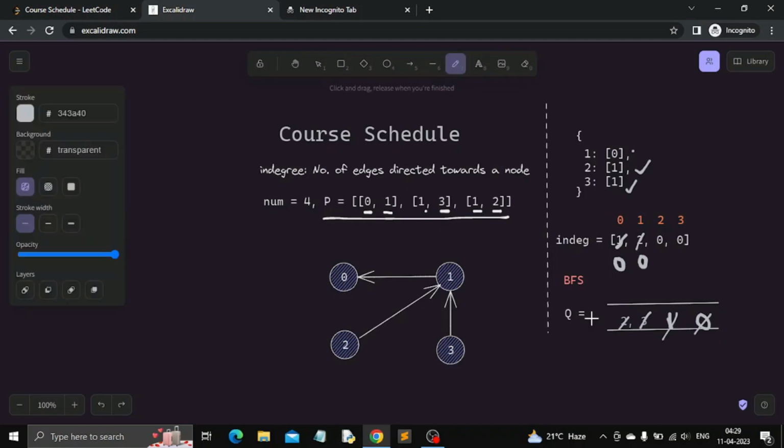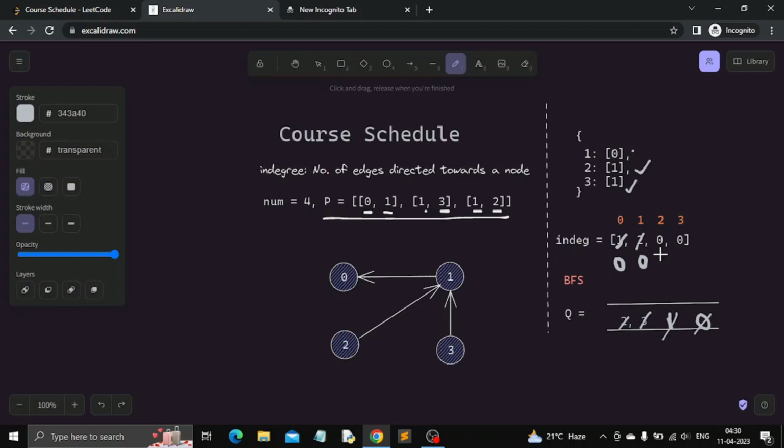Once we are done with our BFS, all we need to do is once again iterate through our in degree array, and if the in degree of all the courses is 0, it means that all the courses were completed and we are going to return true. If the in degree of any course is not equal to 0, it means that we were not able to complete that course because there was some cycle present in our graph.